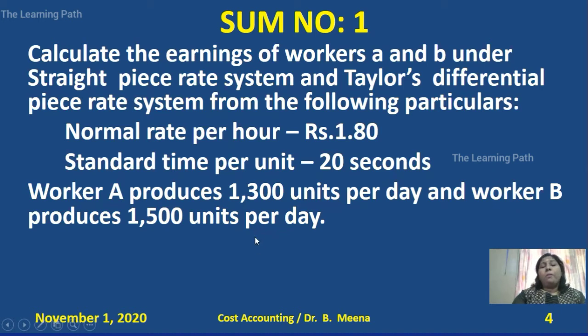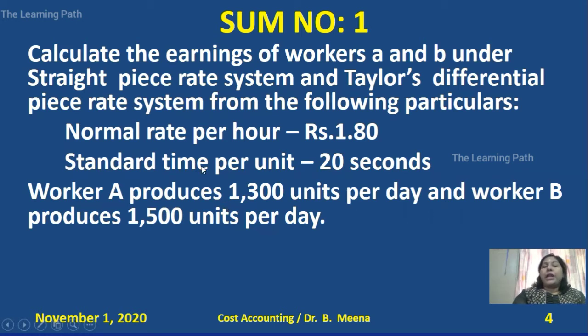Whenever the problem gives the actual output of any workers for a day, a day is assumed to be 8 hours. So we need to convert this 20 seconds into 8 hours. For 20 seconds we produce one unit, so what is it for 8 hours? Then only we can find out the standard output for 8 hours.